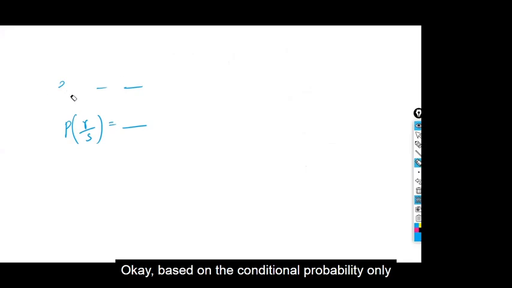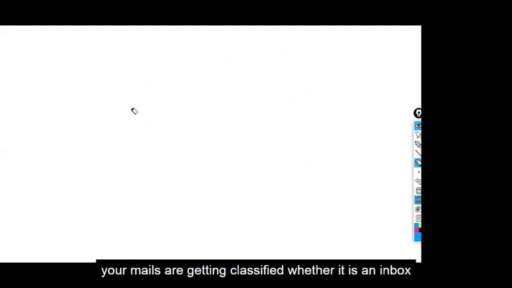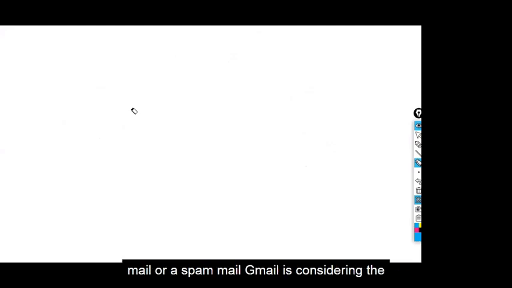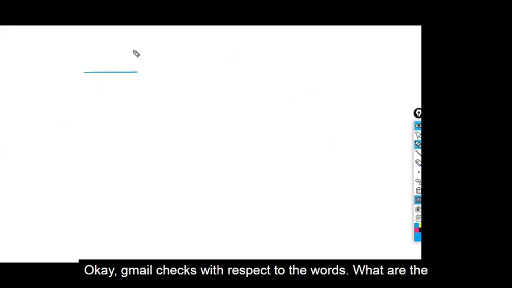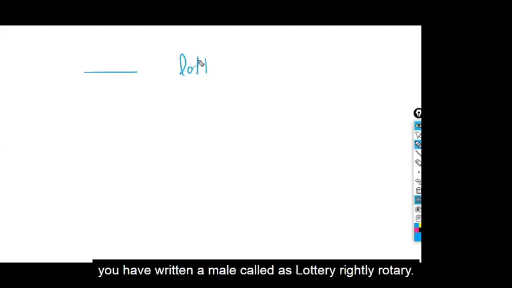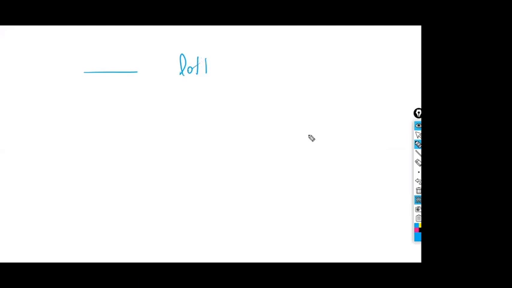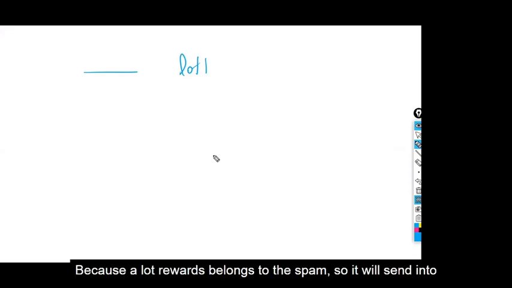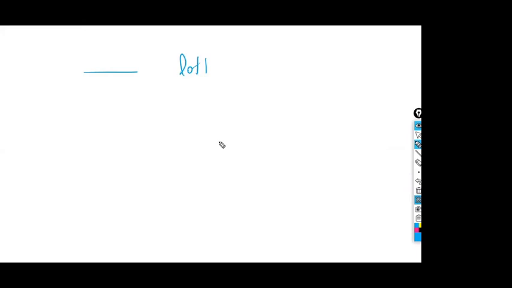Based on the conditional probability only, your mails are getting classified whether it is an inbox mail or a spam mail. Gmail is considering the same concept. Gmail checks the words: do these words belong to a normal mail or to a spam mail? For example, if you have written a mail saying you have won a lottery of 110 CR, automatically it will go into spam because the word lottery belongs to spam.